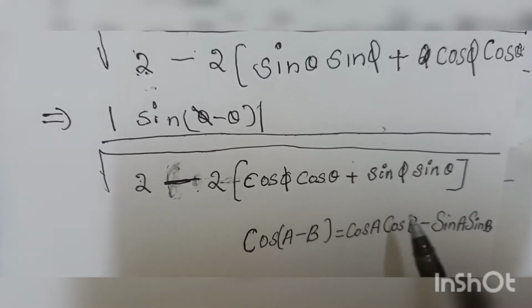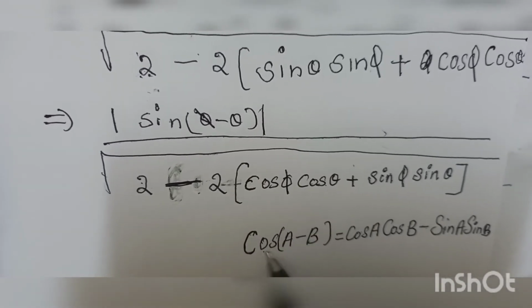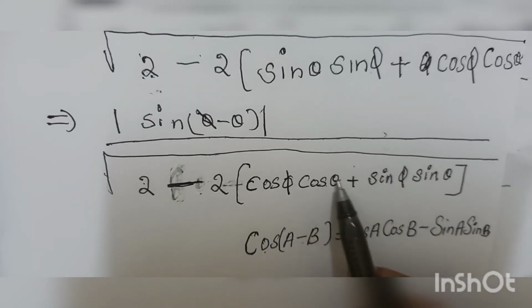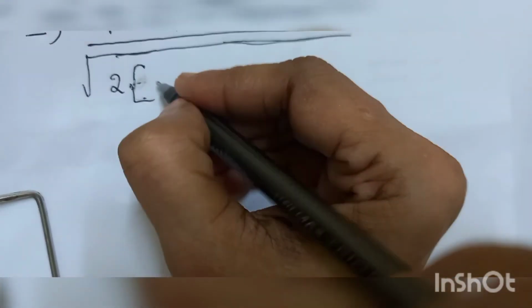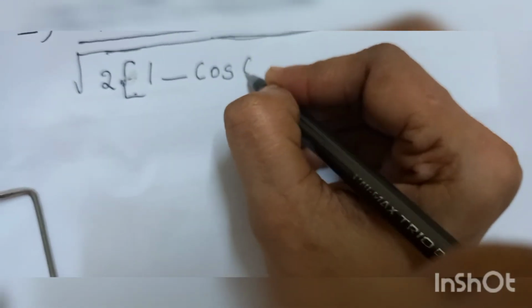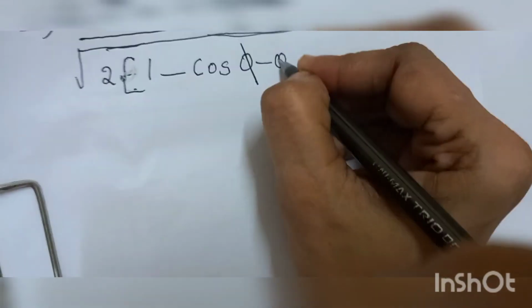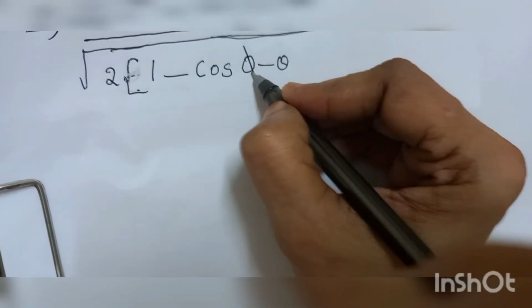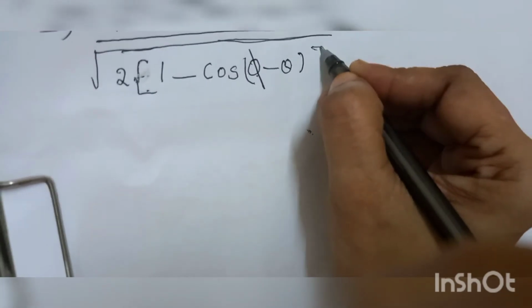In this formula we can write cos (A minus B). We take 2 outside, so we get 1 minus cos (phi minus theta), isn't it?